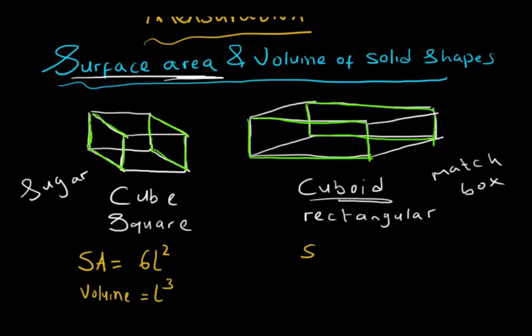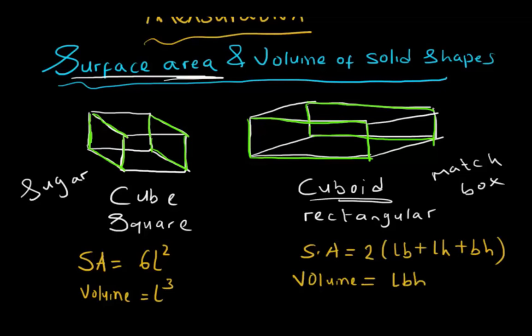Now, the surface area of a cuboid is actually 2 into bracket length times breadth plus length times height plus breadth times height. Then the volume of a cuboid is actually length times breadth times height.